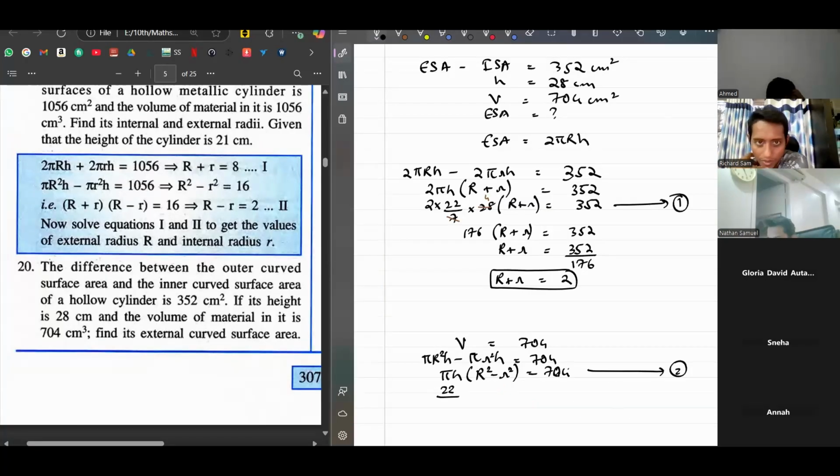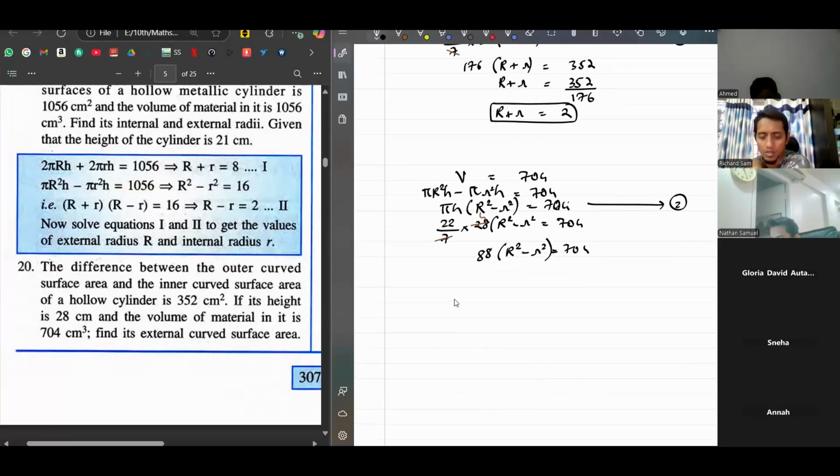So same way we'll continue to solve this also. 22 by 7 into h, we have 28, into R square minus r square is equal to 704. So here also 7 fours are 28. 22 into 4 is 88. 88 into R square minus r square is equal to 704. So R square minus r square is equal to 704 divided by 88.